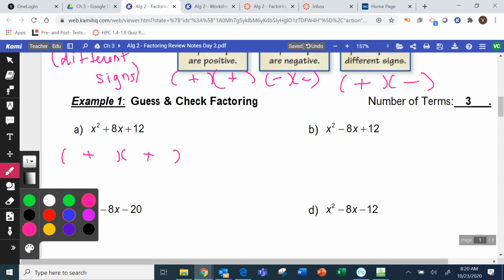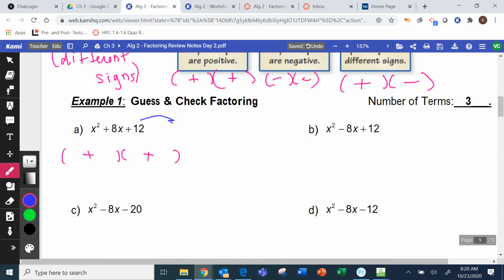Next thing I'm going to do is look at 12. And I'm going to say, what two numbers could possibly multiply together to give me 12? Corey? 6 times 3. Not 6 and 6. No, 6 times 2. Oh, did you say 2? Yeah. It didn't sound like it. All right, so 6 times 2.